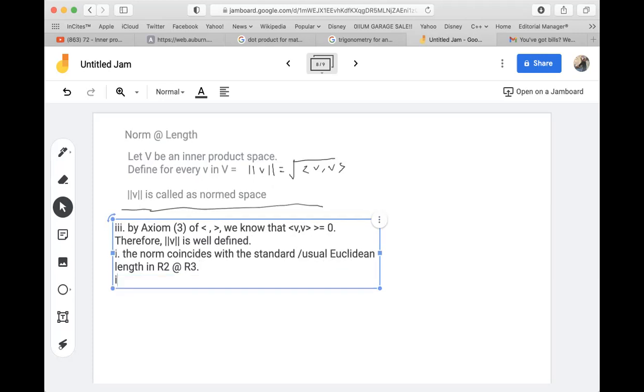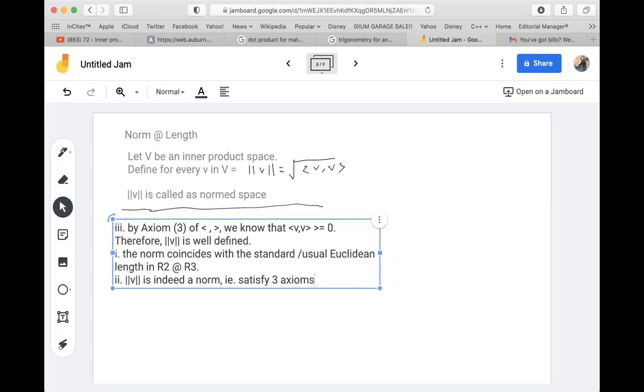Alright, and the next one: we can say that the norm here is indeed a norm, as it satisfies these three axioms.